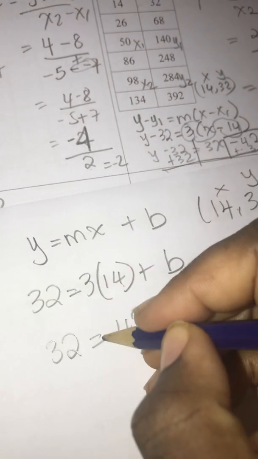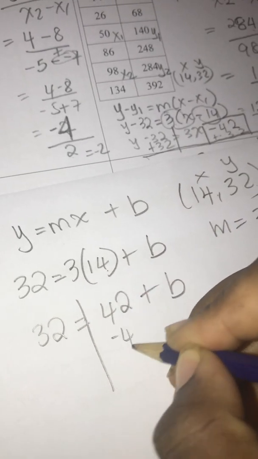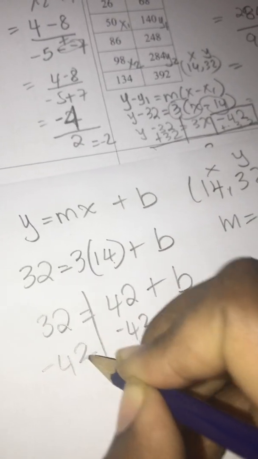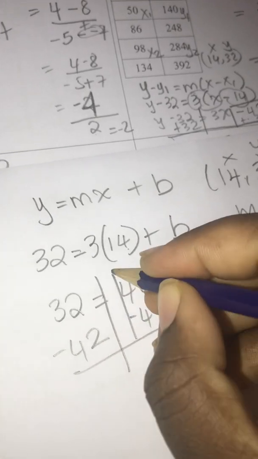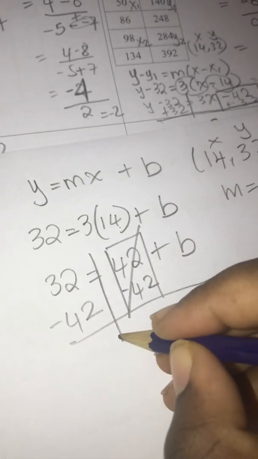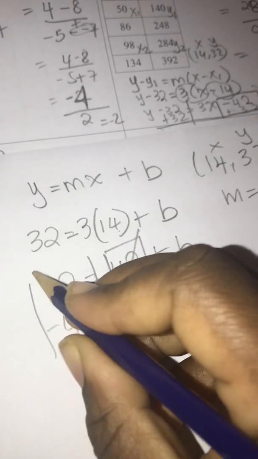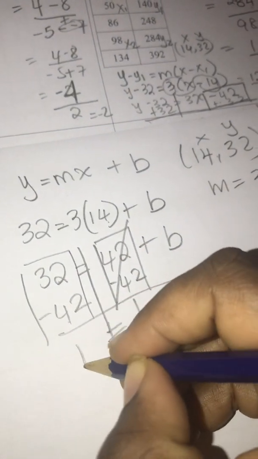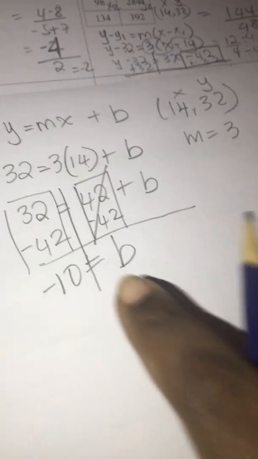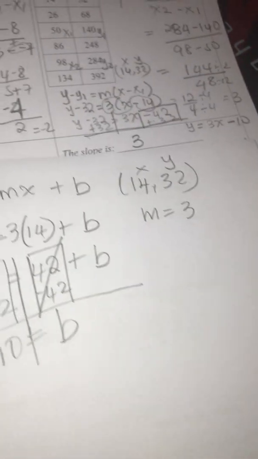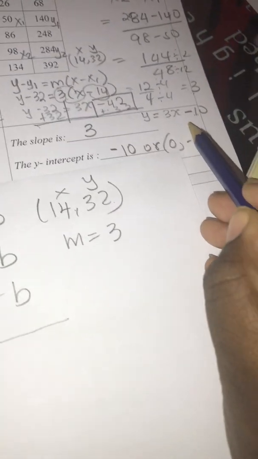I want b by itself. I will minus 42 on both sides. This goes away. I am left with b, and 32 minus 42 is negative 10, which is the same thing we got over here. See?